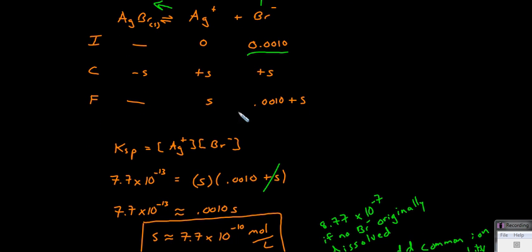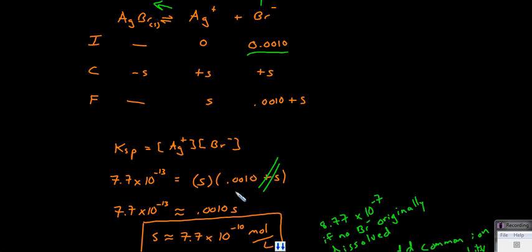Using a nice table, we can plug in that the KSP, 7.7 times 10 to the negative 13, is equal to S, which is the molar solubility of silver, times 0.0010 plus S, which is the molar solubility of bromide. But being that we have a common ion here, there should not be a very significant reaction. Having it occur so little, this plus S should be almost negligible, and so we can cross it out.